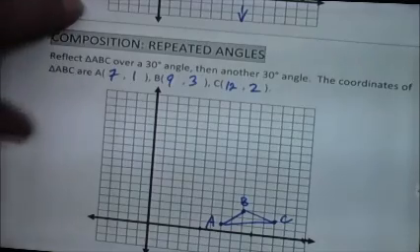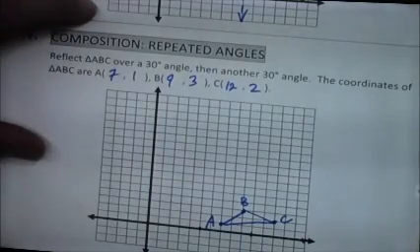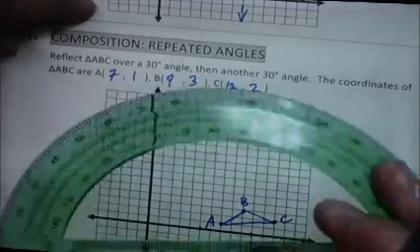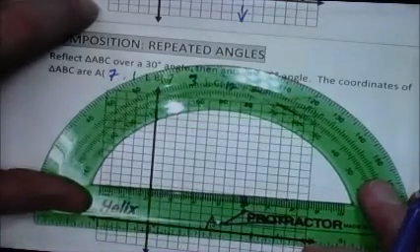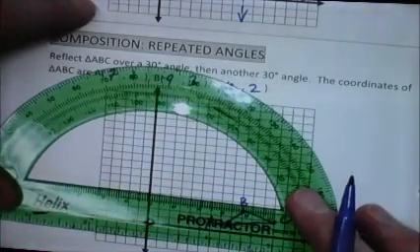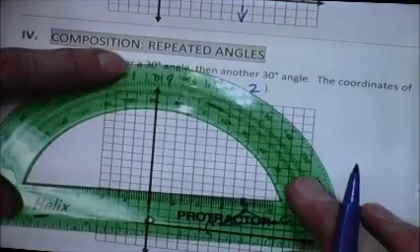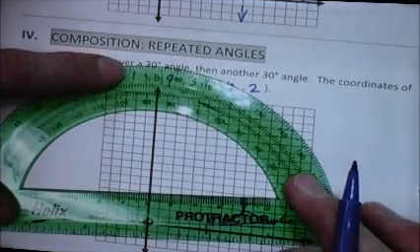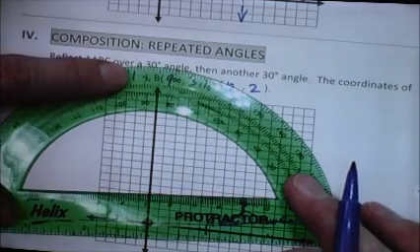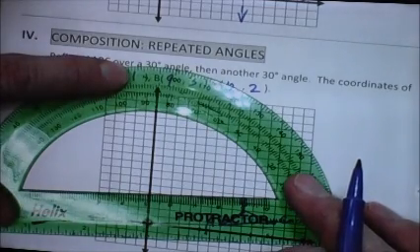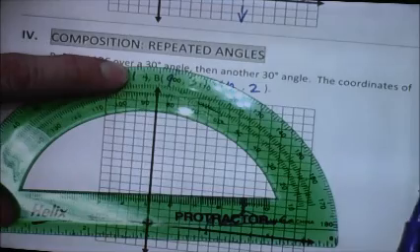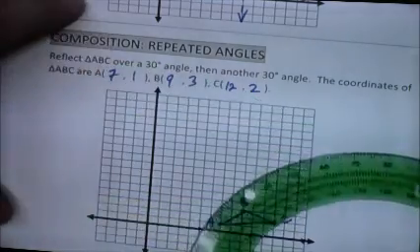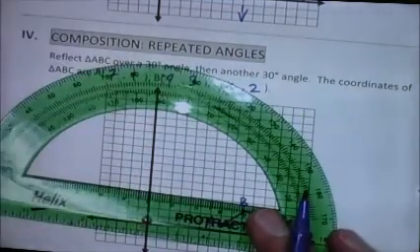Well, that means we need to treat it just like we did with rotations. And so I am going to have to set up the center here and line it up with A. Nope, I just realized I'm planning on a rotation, whereas what I need to do is do a 30-degree angle.